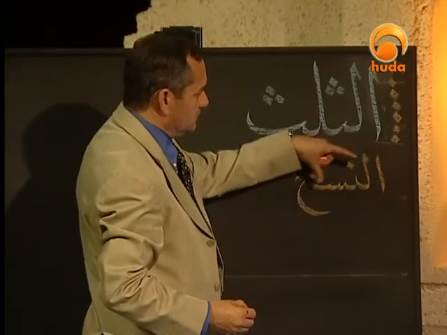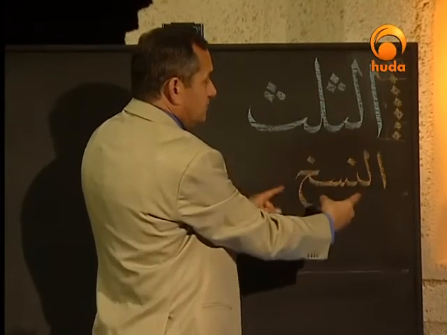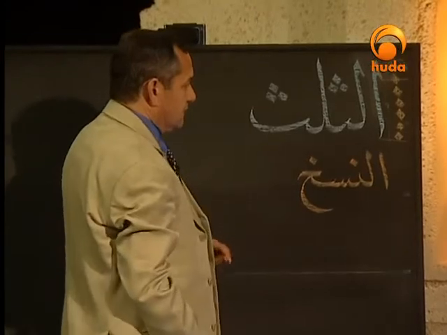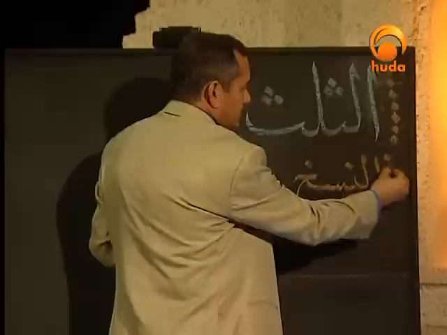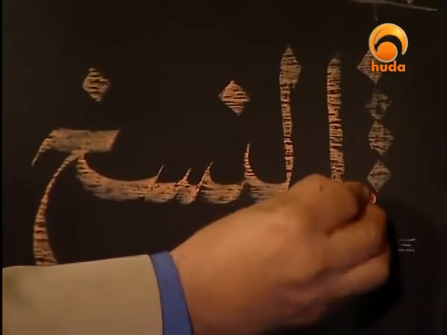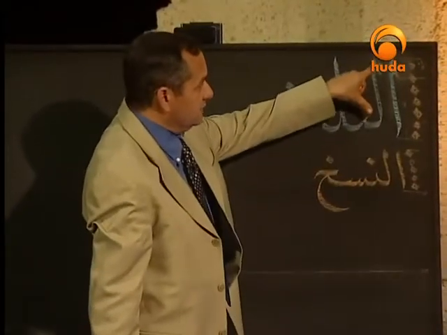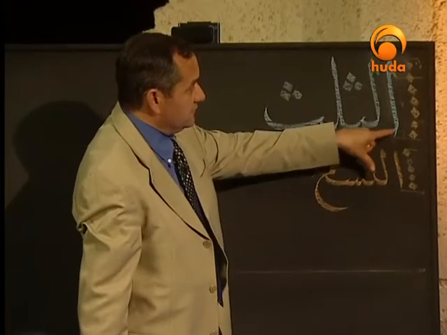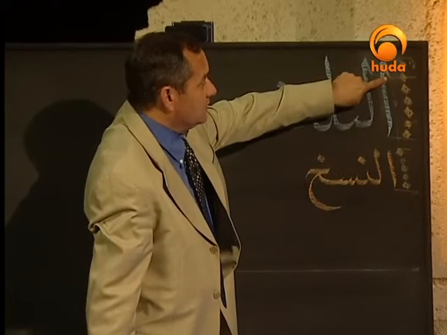The height is short. The width of the writing is also short because the measurements here are more than here. So how many dots are here, Doctor? Here in Naskh it is actually about 5 dots. 1, 2, 3, 4, and 5, from here to here. The height of alif in Naskh is 5 dots, and in Thuluth it is 7 dots. From here to here, they call zulf, 1.5 dot.